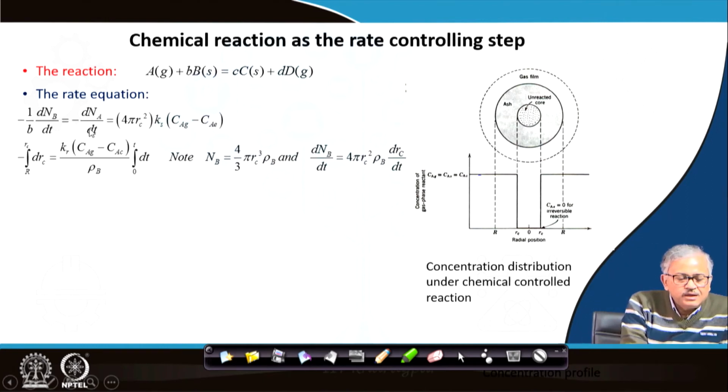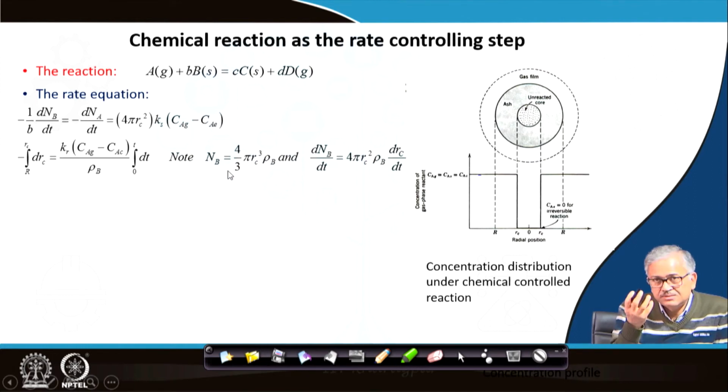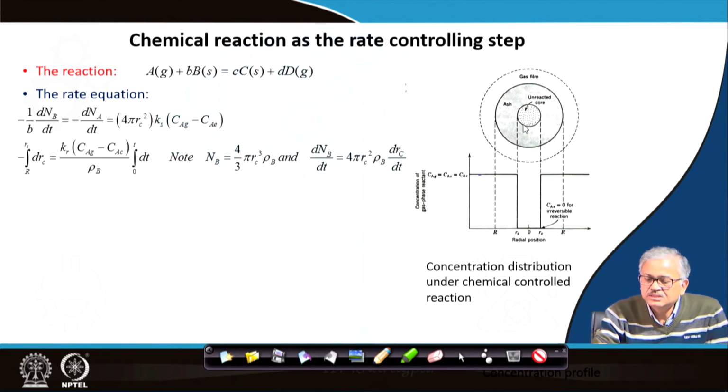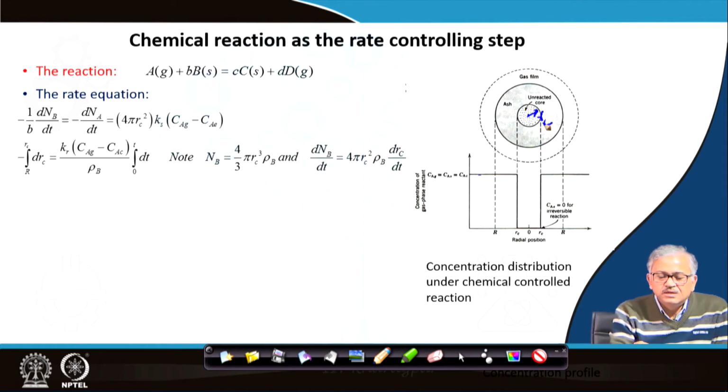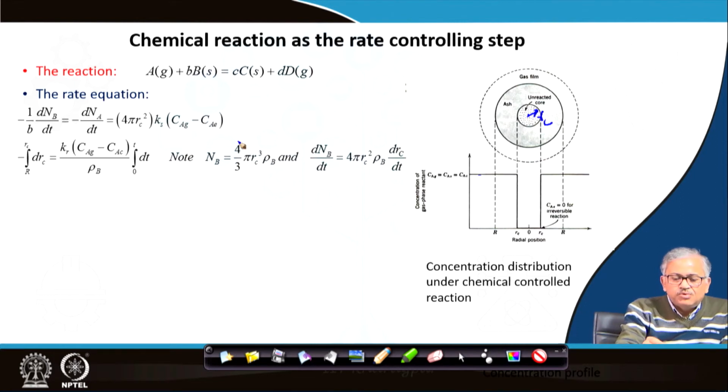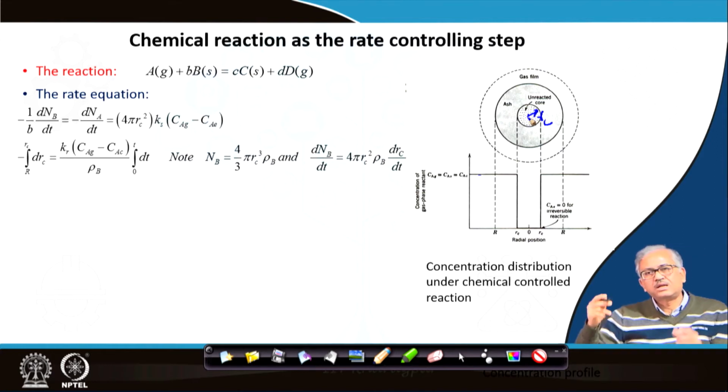And then NB also you can write in this form: NB is the moles of B, and since it is spherical, the volume is 4/3 pi RC cube, where RC is the radius of the unreacted core. Into rho B, this is basically the moles of B remaining in the unreacted core at any time t.